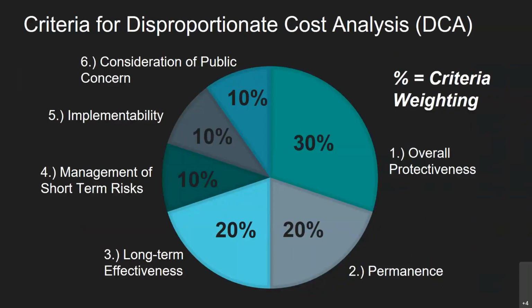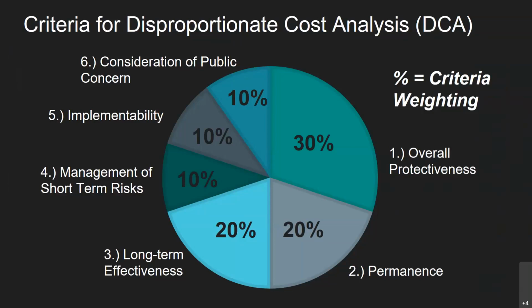This is a pie breakdown of the 6 different criteria, showing the percent of the weight of what is actually going in through this DCA, or disproportionate cost analysis. The way I envision some of this is you have lots of information coming through a sieve, just like when you're separating your noodles from the water when making a pasta dish.